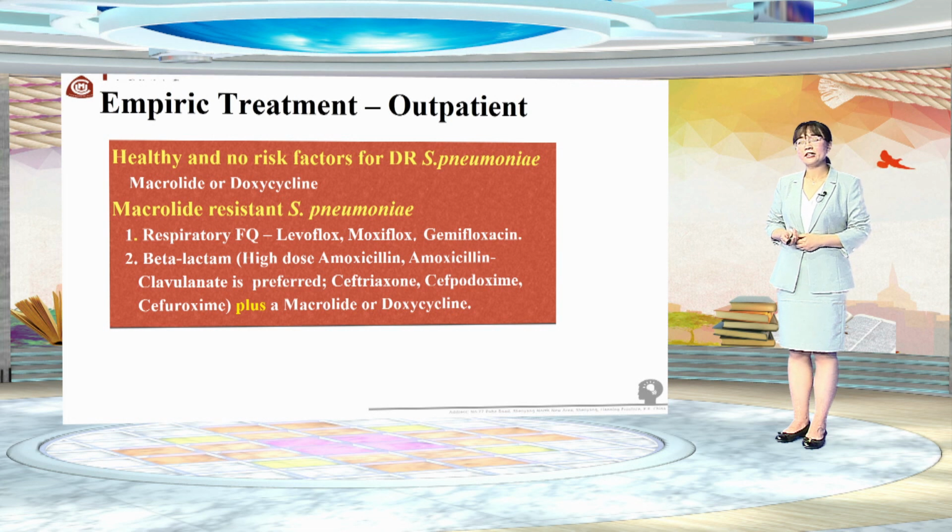Since the etiology of CAP is rarely known at the onset of the treatment, initial therapy is usually empirical, designed to cover the most likely pathogens. In outpatients, the patient is healthy and has no risk factors for drug-resistant Streptococcus pneumoniae.